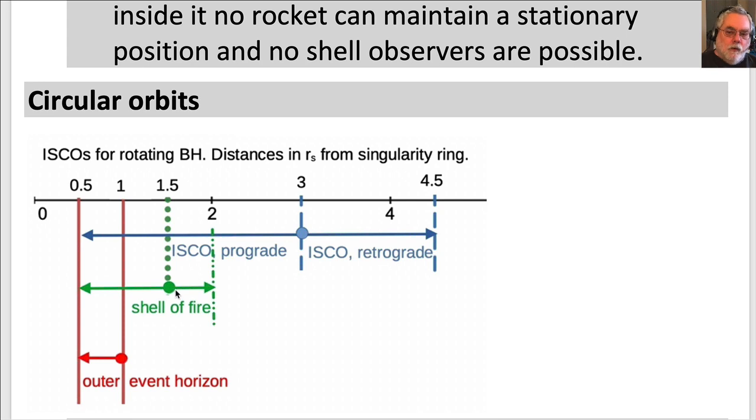An inner prograde light orbit, prograde means in the same direction as the black hole rotation, that pushes in close to the outer event horizon, and an outer retrograde light orbit that pushes out toward 2 Schwarzschild radii. So these are the green arrows.